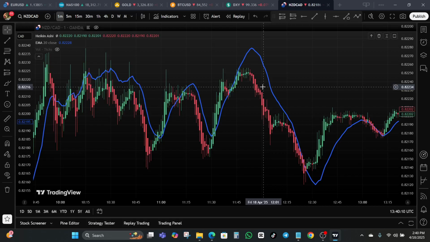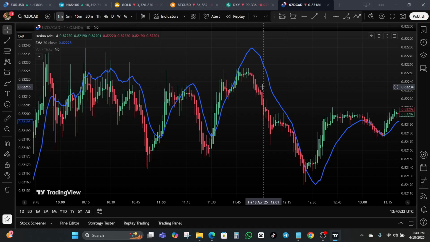Now it's important to avoid entering trades during low volume or consolidation periods. Also, do not trade right before news events. It's also important to backtest this strategy during London and New York sessions for best volatility.